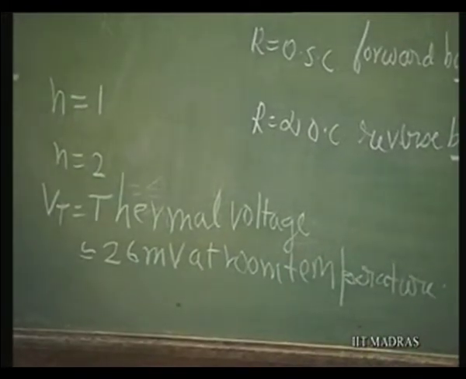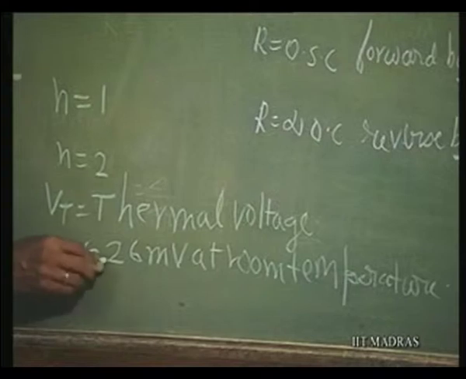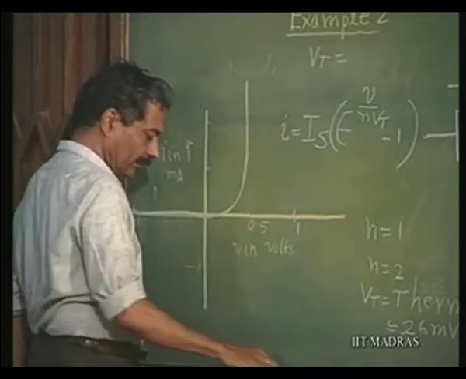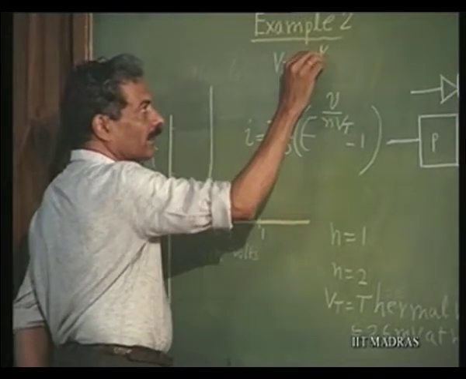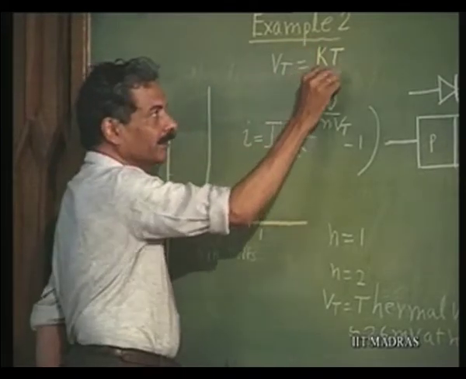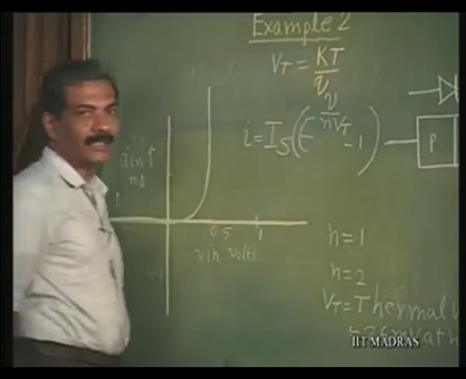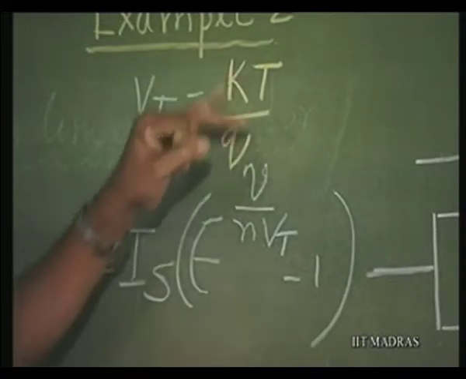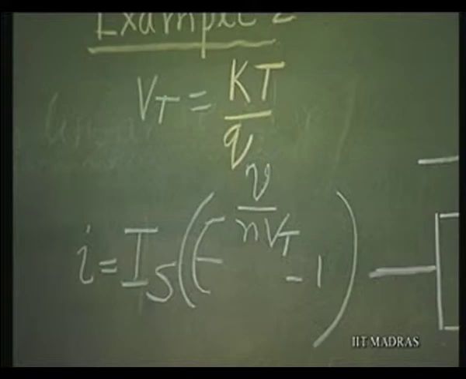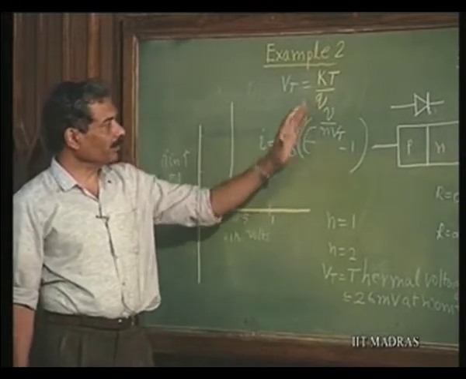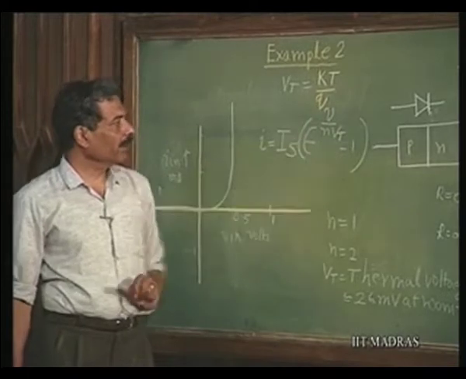Vt is equal to K, Boltzmann's constant, times T, the absolute temperature, divided by Q, which is the electronic charge, and if you evaluate it at room temperature, this value comes out to be 26 millivolts. So, we know all about this part of the expression.